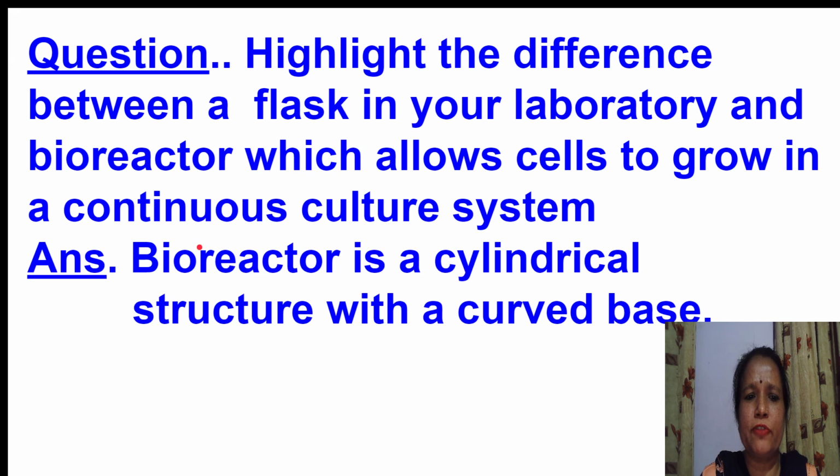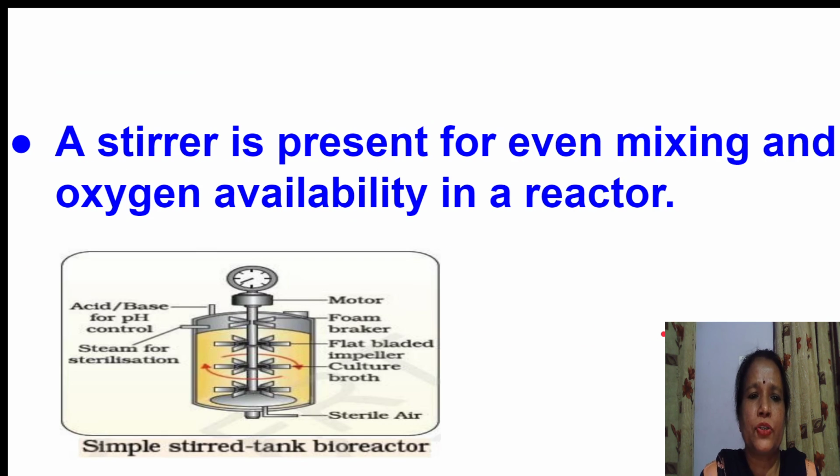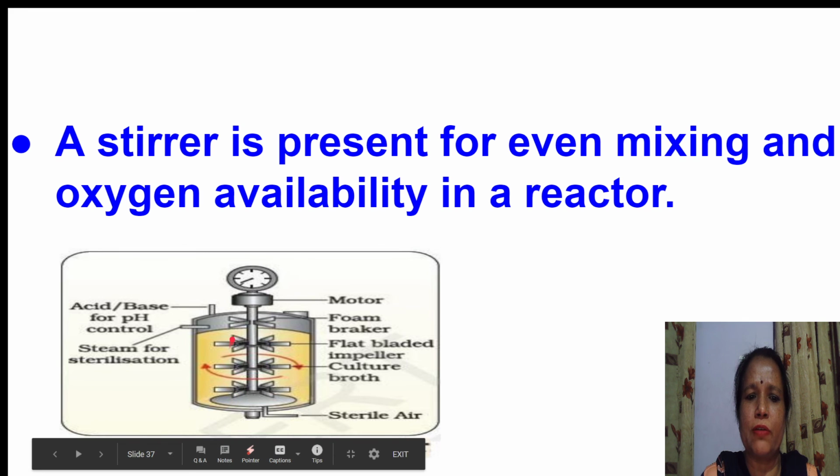So what is the difference between the two? Bioreactor is a cylindrical structure with a curved base. Stirrer is present for even mixing and oxygen availability in a reactor. So this is a stirrer, and it helps in mixing and oxygen availability in the reactor. So all the microorganisms, they get proper amount of oxygen.